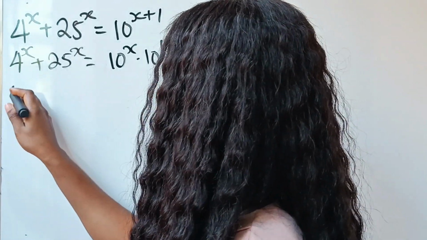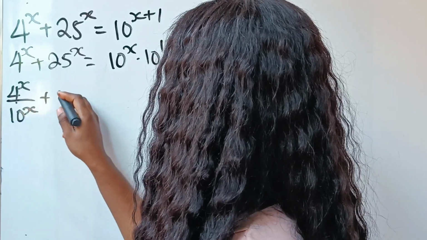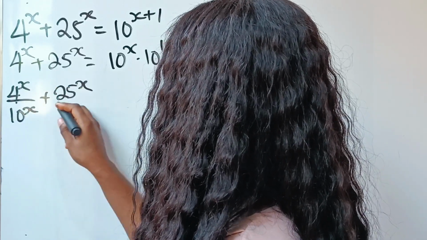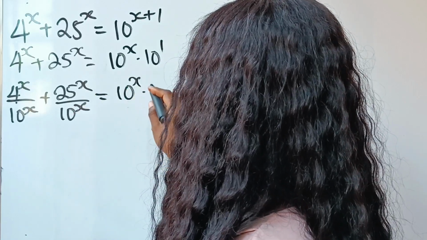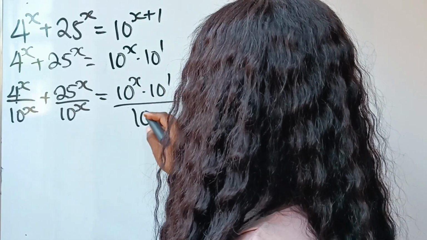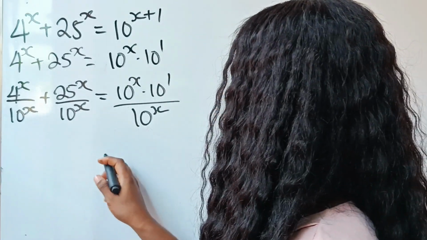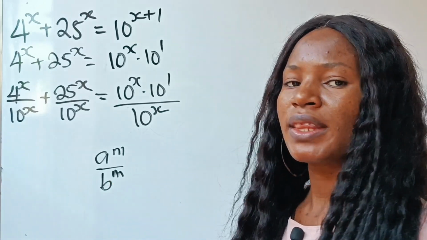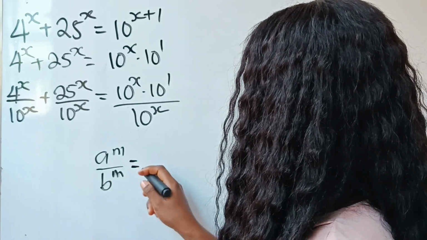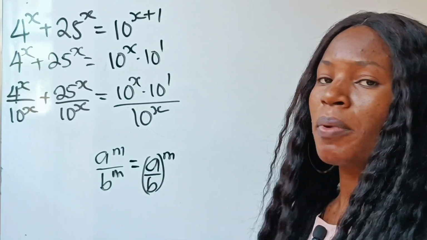So if we do that, we have 4 to the power of x divided by 10 to the power of x plus 25 to the power of x divided by 10 to the power of x is equal to 10 to the power of x multiplied by 1 divided by 10 to the power of x. Now when you have a to the power of m divided by b to the power of the same m, this is equal to a over b raised to the power of m.